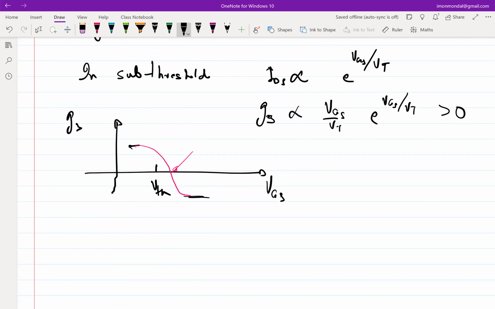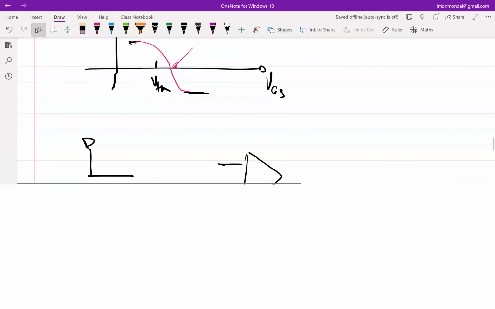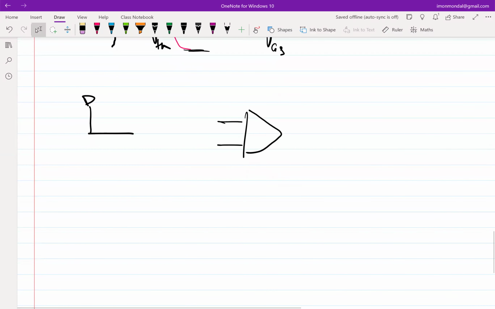Given that differential architectures are often widely used, we would also like to know how to get from a single-ended input to a differential input, given that your antenna is single-ended, right? So let's say you have an LNA which is expecting a differential input. An obvious thing to do is to use a balun or a transformer.